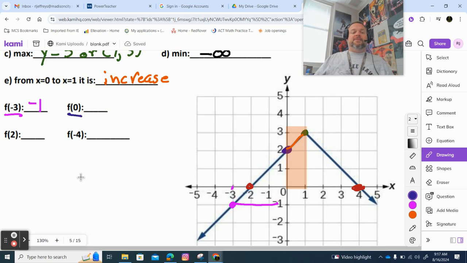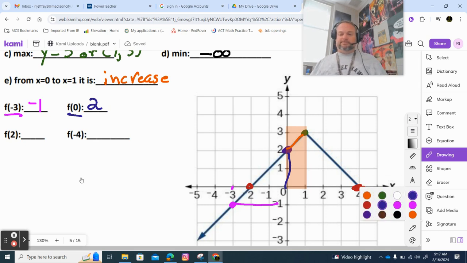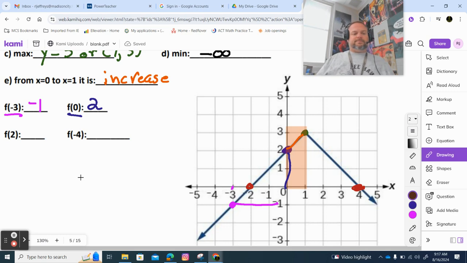All right. f of 0. So what is the y value of the graph? Okay. So 0 looks like, oh, yep, 2. When x is 2, well, 2 is right here. It looks like I had to go up.